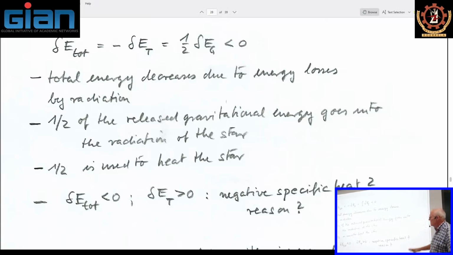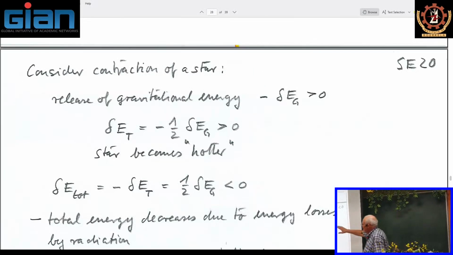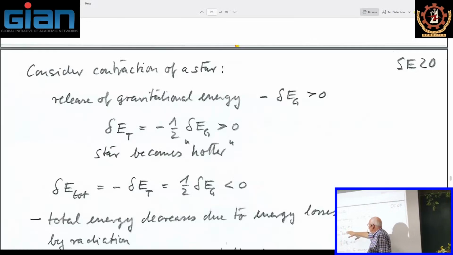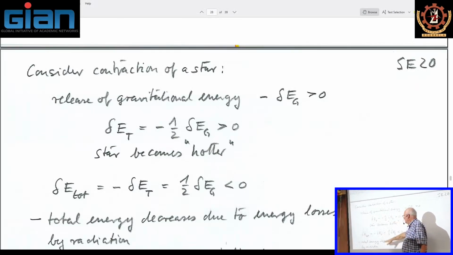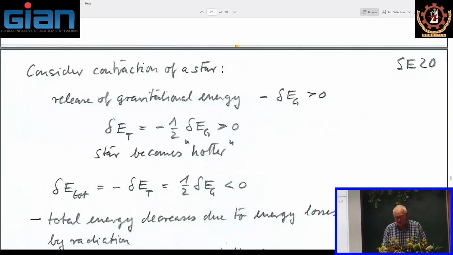This is the result of the consideration we have had just before. So half of the released gravitational energy goes into thermal energy, and half of it goes into the radiation from the star.